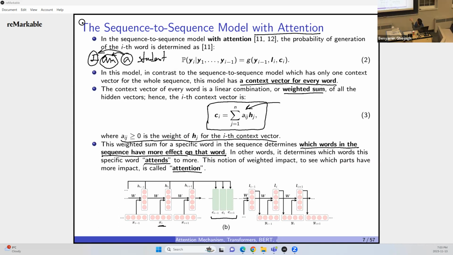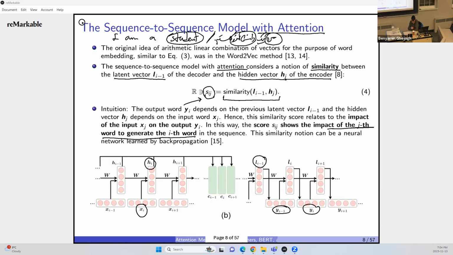In this case, the difference is that we have several context vectors, where each context vector is a linear combination of all of the hidden vectors in the encoder, right? This linear combination has some weights, and this weight is attention. A is standing for attention, right? Also I said we can calculate similarity between every output word in the output sequence and every input word in the input sequence.